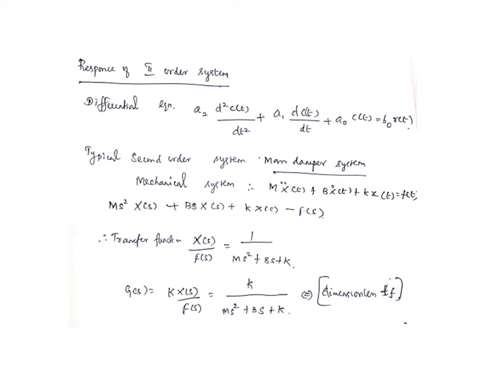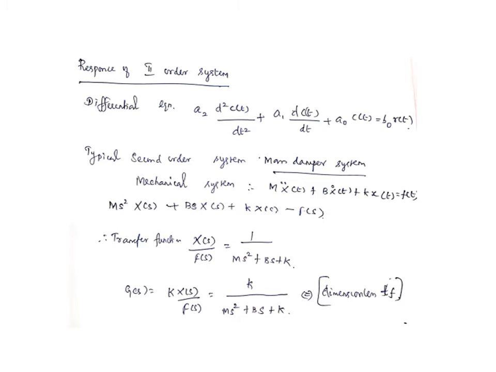Okay, x double dot is a second order differential. If one dot is there, that is nothing but dx by dt. Two dots are like d square by dt square, right? So mass is m, the damper is b, and k is the spring. Okay, this is the typical second order system.